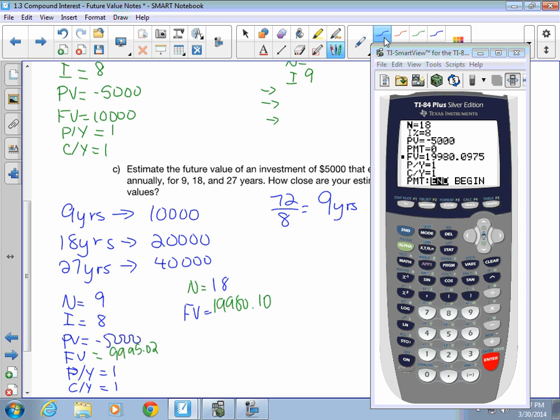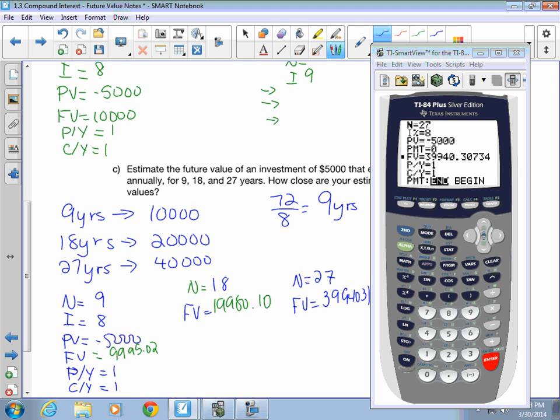If our N was 27, we're saying it will have doubled again. So for our future value, move up to 27 here, go down to future value, alpha, enter, so it should be close to 40,000, and it says it's $39,940.31, so pretty darn close, I would say.